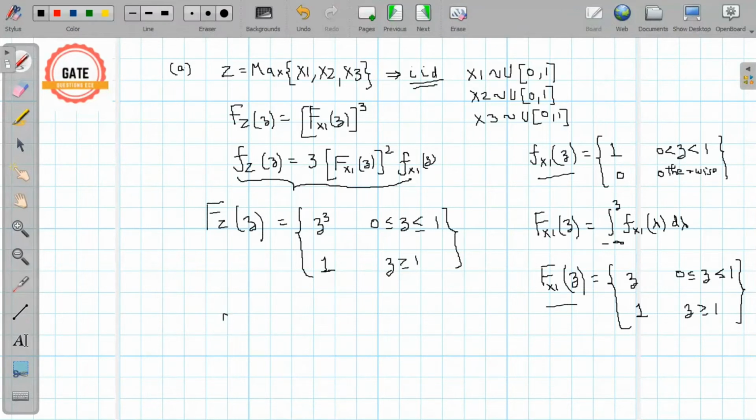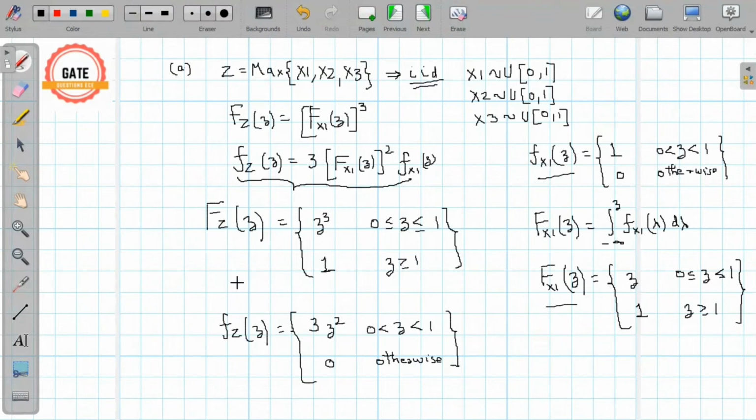So we will get that the PDF of z will be 3 times z square in range z greater than 0 and less than 1, and for all other values it will be 0. So this is the PDF of Z, and this is the CDF of Z.